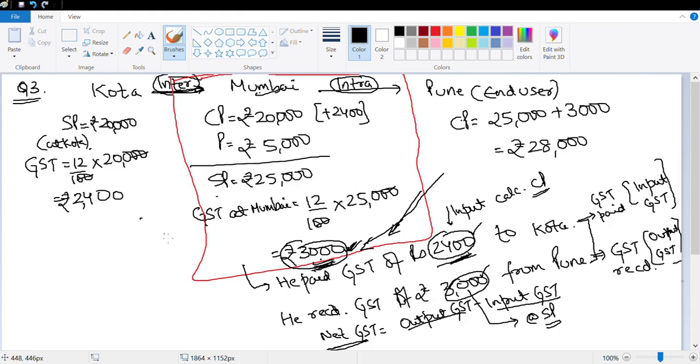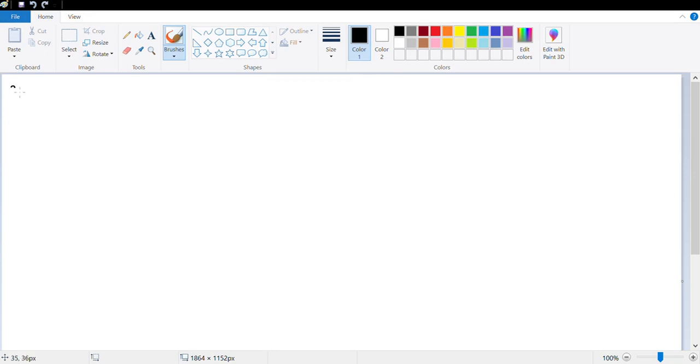The next question that we do is question number 4. So question number 4 says a dealer in Banaras, UP supplies goods worth 8,000 to dealer B in Agra, again UP, and dealer B in turn supplies the same goods to dealer C in Patna at a profit of 1,200.